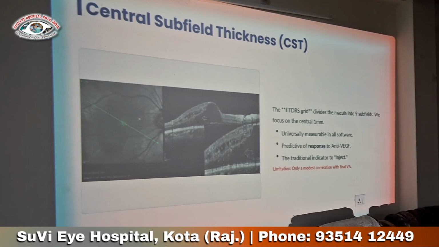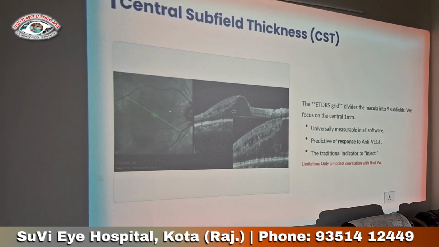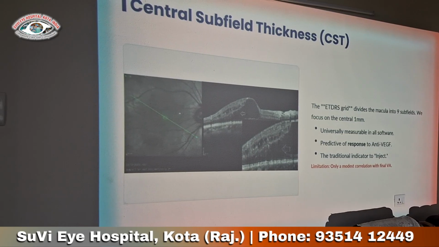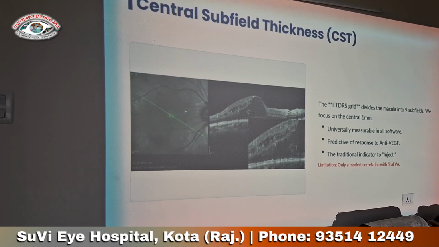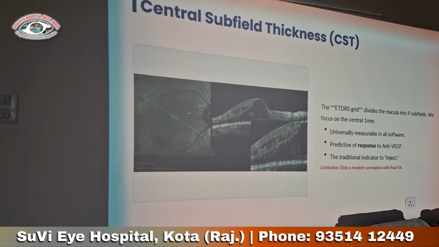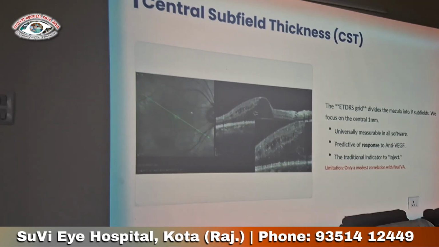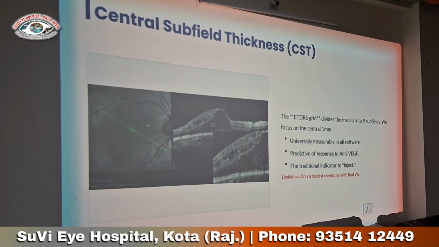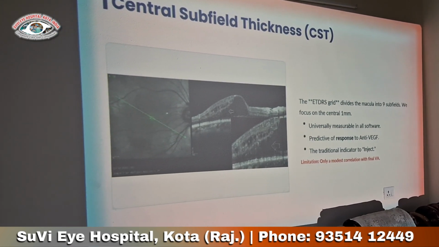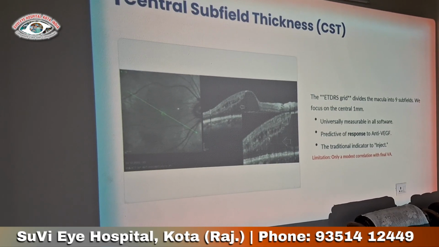The ETDRS has classified, and all the OCT software have this ETDRS circle within which 1, 3 and 6 millimeter zones are there. Okay, the central 1 millimeter edema is there. Then the central subfield thickness.